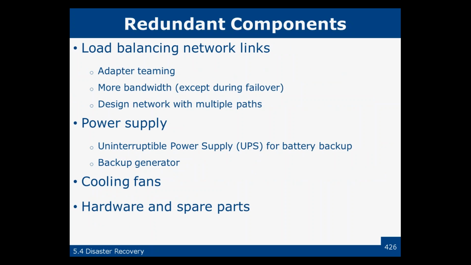Redundant components. We may have load balancing network links. We really want to avoid, if possible, a single connection, although I think that's what most of us actually do. But we can do adapter teaming, where we use two NICs going in the same direction, going to the same location.